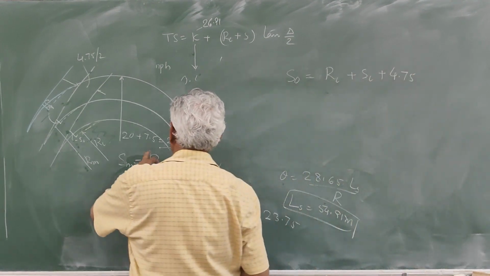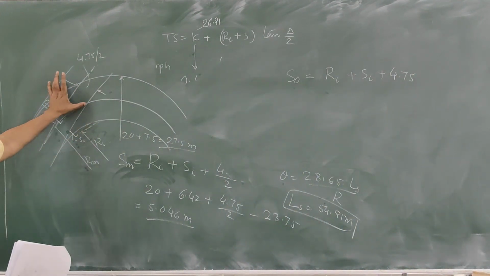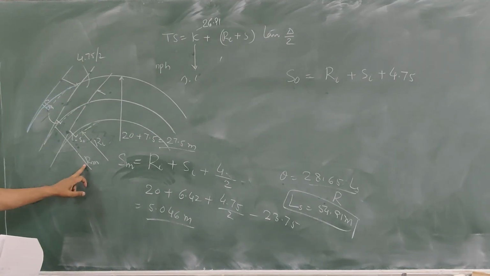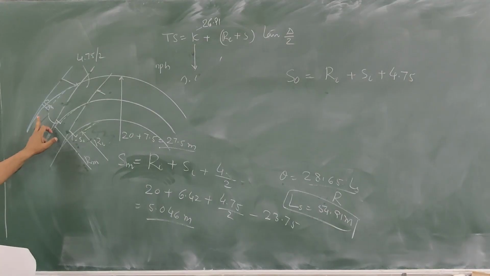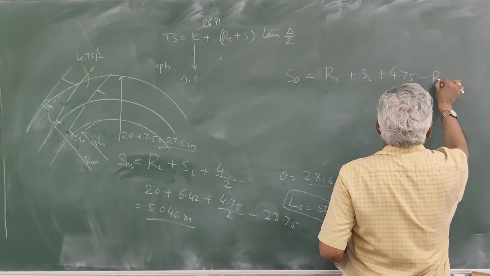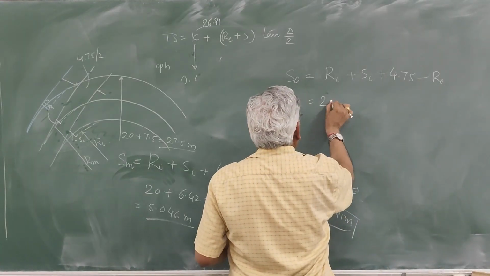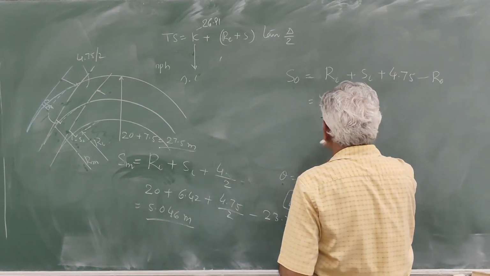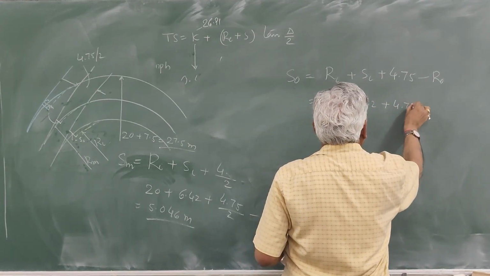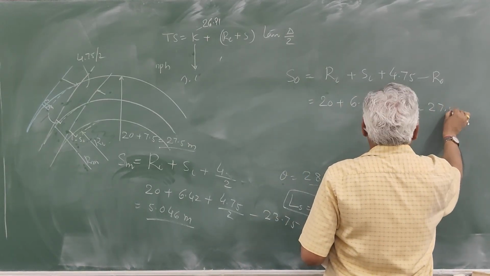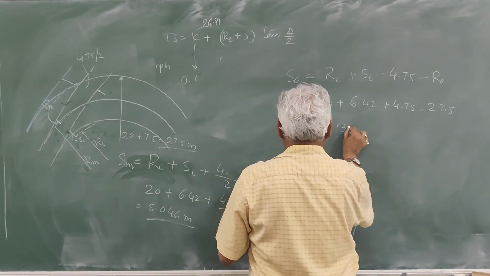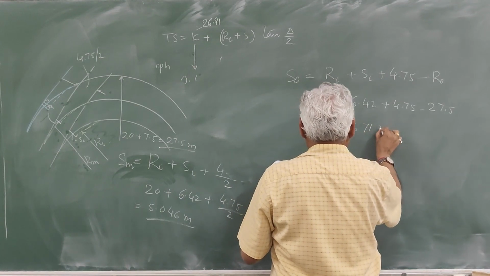Now instead of 4.75 by 2, if you take the total width of the road, you reach to this tangent, and then subtract the radius of the outer curve, RO. So this is 20, this is the new S 6.42 inner curve plus 4.75 minus 27.5 meter. So S for the outer curve is 3.671 meter.